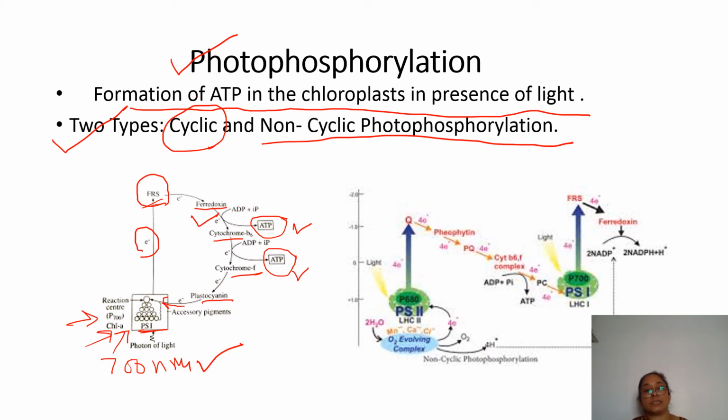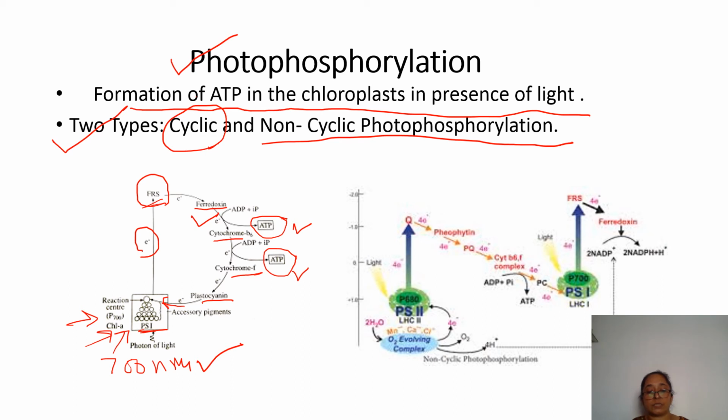The electron is excited, moves toward and is accepted by the ferredoxin through the FRS, ferredoxin reducing substance. Later on, the further electron acceptors are there, cytochrome B6, cytochrome F and plastocyanin, and ultimately back to the photosystem. And in between the two ATP molecules are also produced. So this is all about cyclic photophosphorylation.